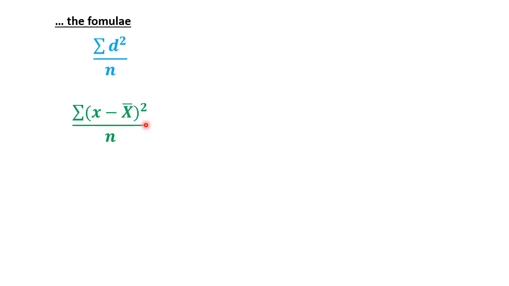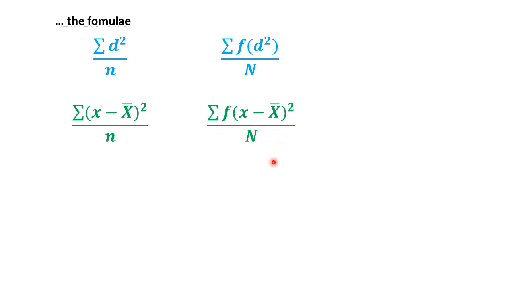So the deviations from the mean squared, added together, divided by the total number of observations gives us variance. The next thing is, the other formula that I had at the beginning must be the same as this one because of the same reason. d is just x minus x bar. Only that this time, we're going to be multiplying every deviation with the respective frequency, adding them all together, and dividing by the total number of observations.